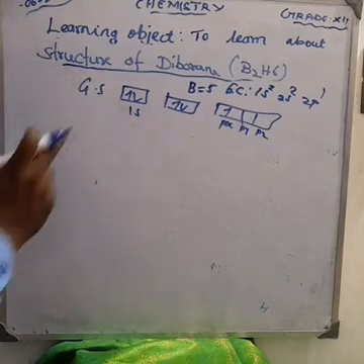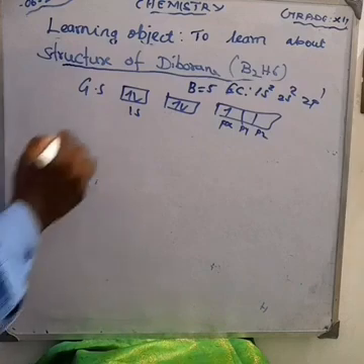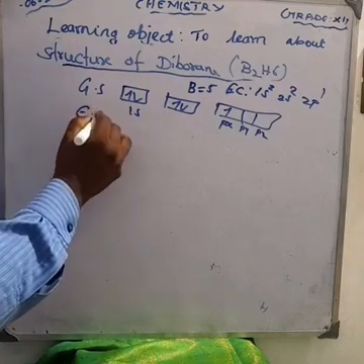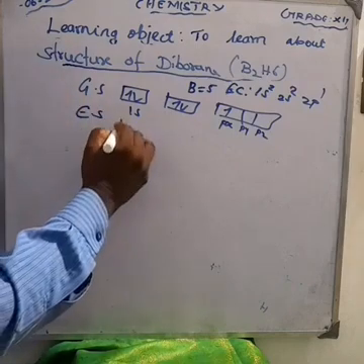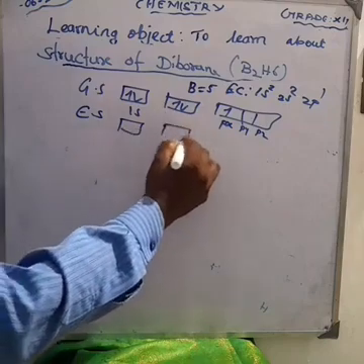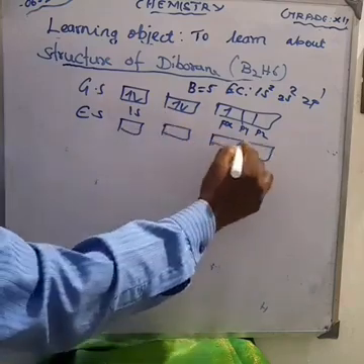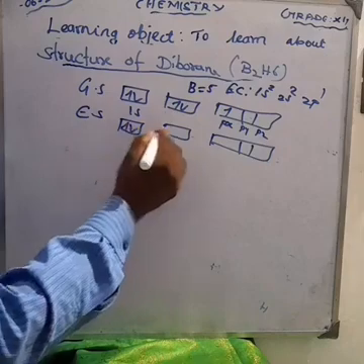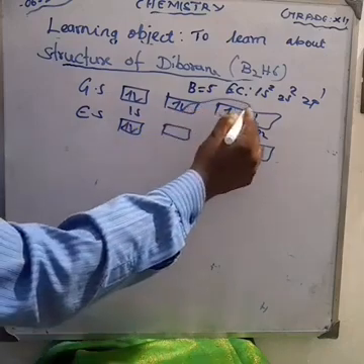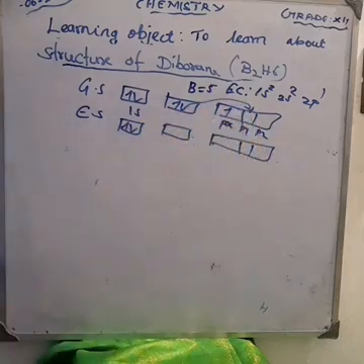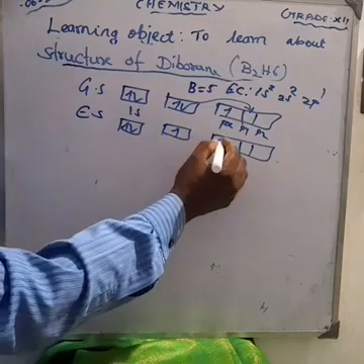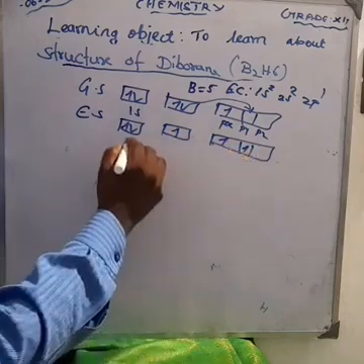Can you understand, my dear children? Next, this is the ground state. Next one is the excited state. Here, 1 electron from the 2s will jump from 2s to 2p. So what is the hybridization?